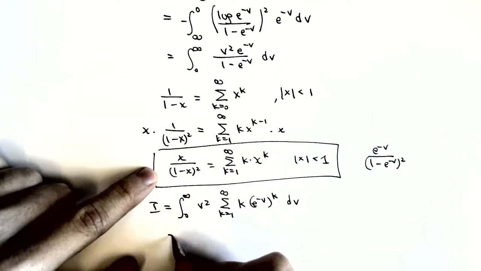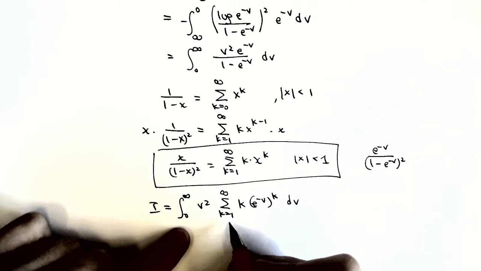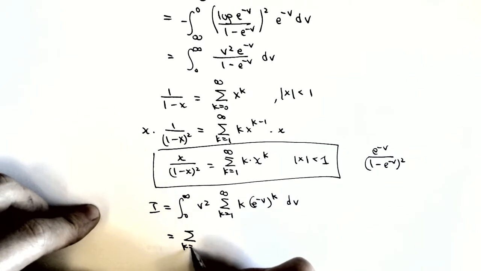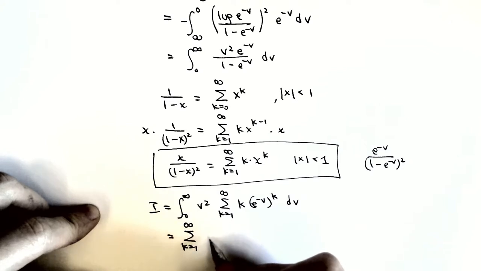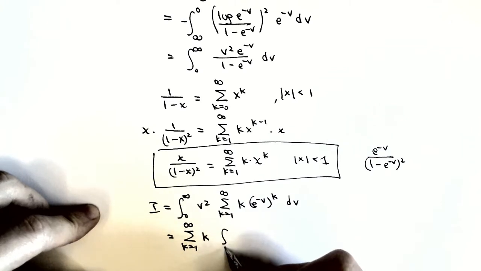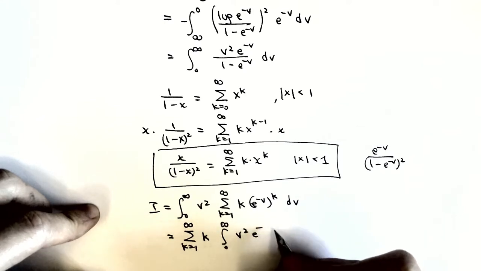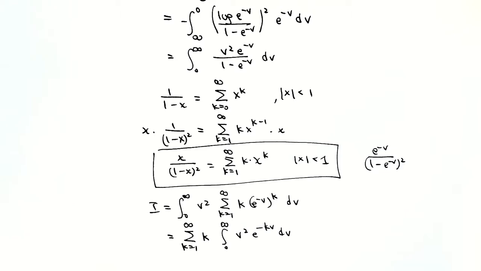Of course, we switch the integral sign and summation sign here, so this leads us to the sum of k times the integral from 0 to infinity of v squared e to the minus kv dv.